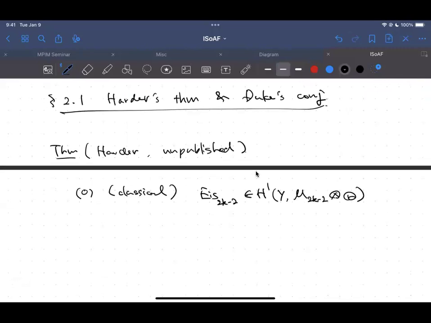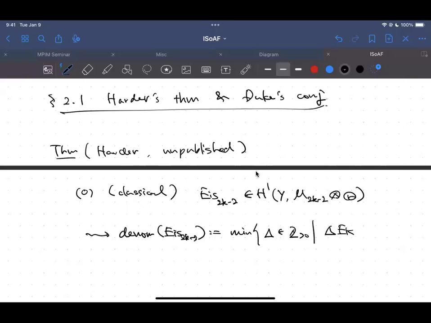And then we can think about the denominator of this rational class. So the denominator of Eisenstein class is defined to be the minimal positive integer, which makes this Eisenstein class integral, up to torsion.